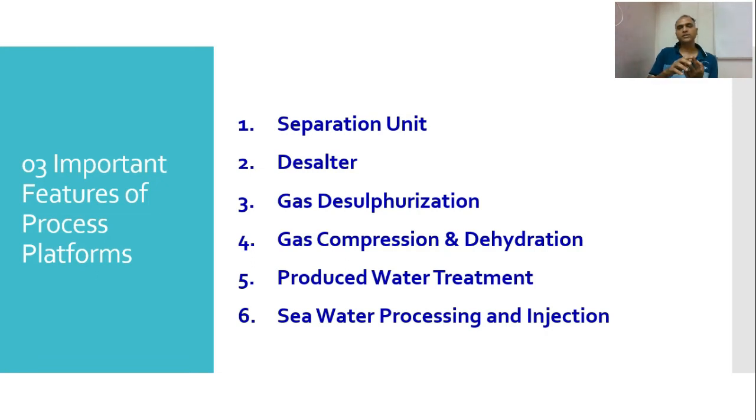These three impurities are there: gas, produced water, sand, and various other solid impurities. Not only sand, because drill chips are also there, or whatever is inside the reservoir is also coming. Some radioactive substances are also found, not in all hydrocarbon reserves, but in some of them. So the purpose of the separation unit is to separate out all these things.